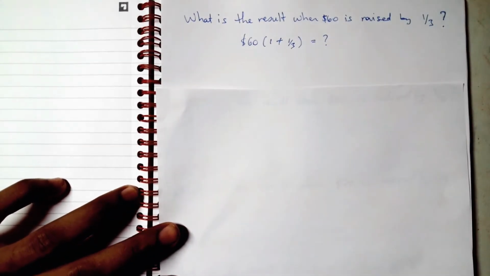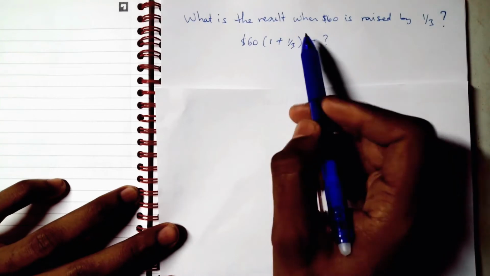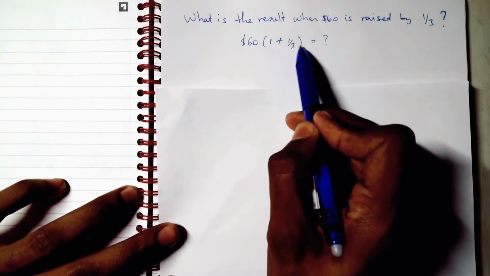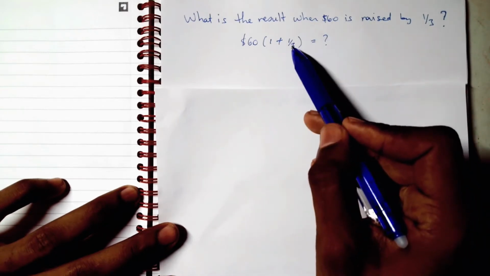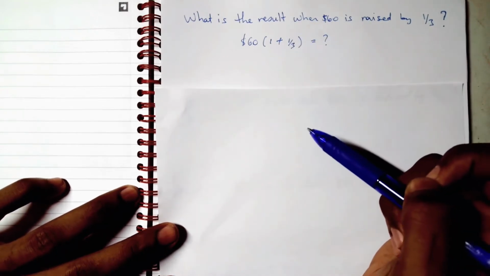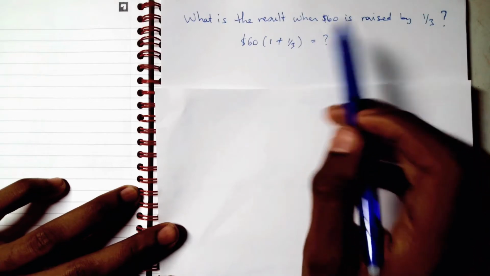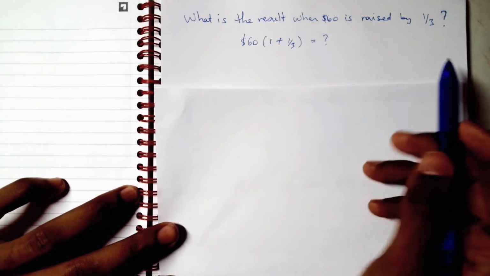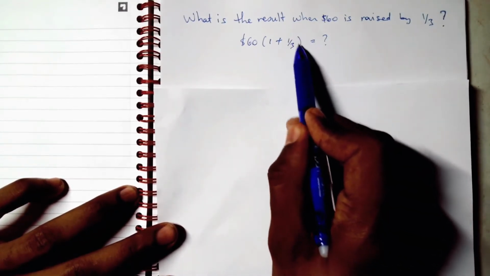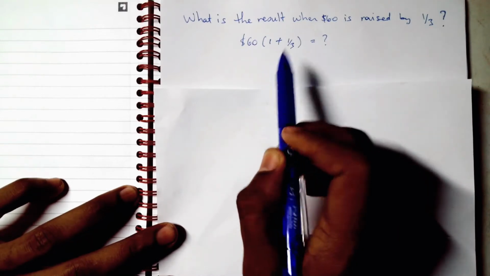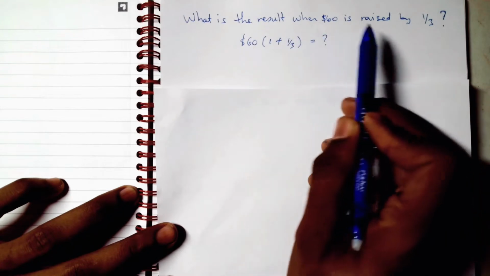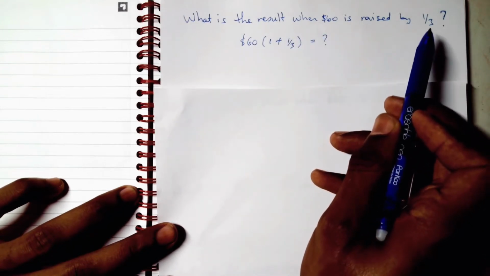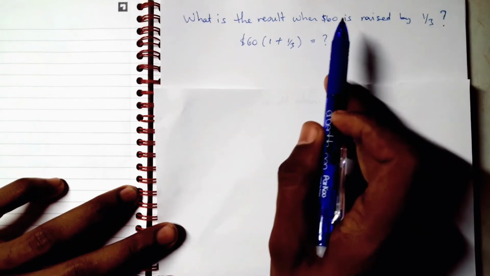All right, so in the usual case, this is normally our percentage, but now we are giving it as a fraction. We still approach it the exact same way by adding our fraction to 1 to show the growth of 60 by a third. All right, that's how we do it.